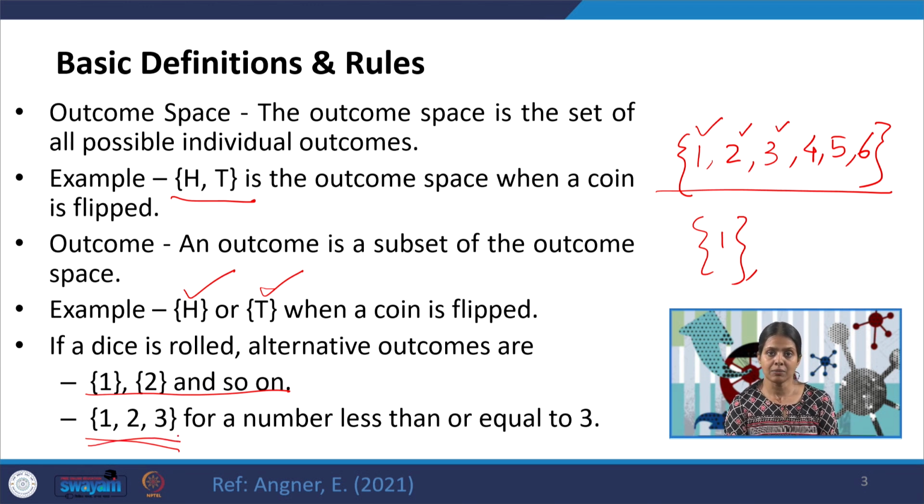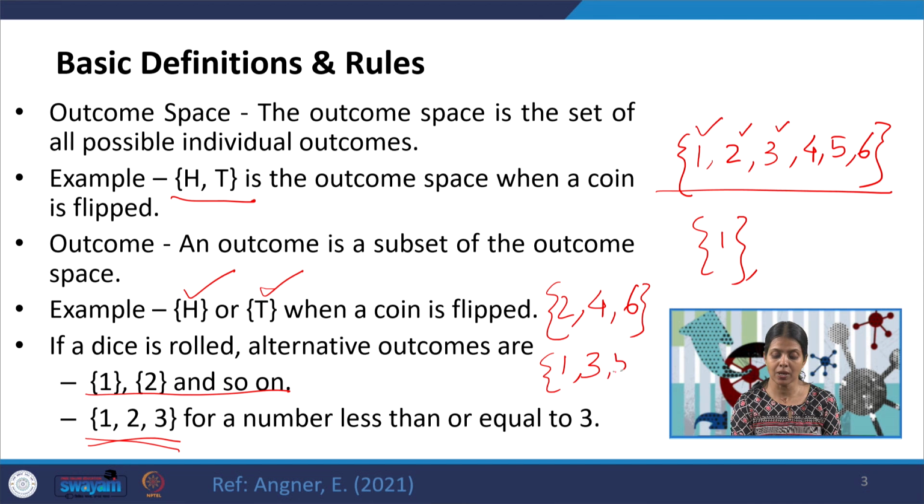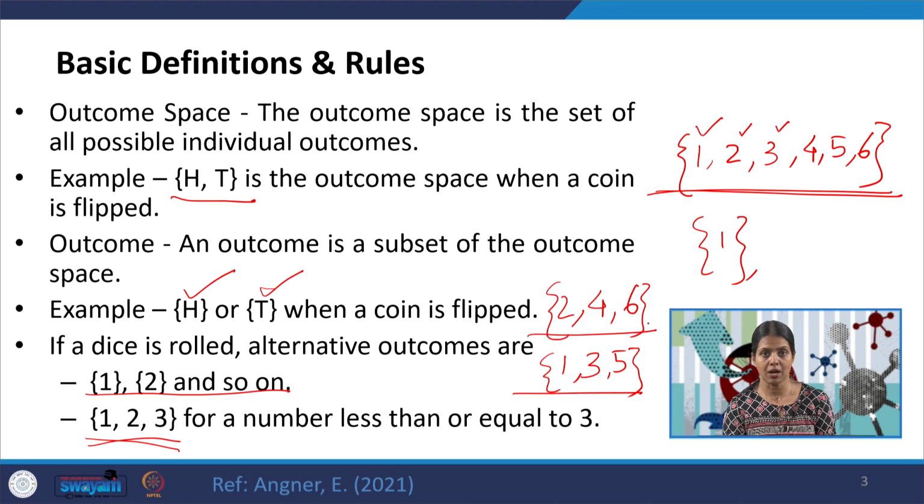In a similar fashion, if we are concerned about outcomes that are only even numbers, then our outcome would be 2, 4, 6. If we are interested in odd number outcomes, then our outcome would be 1, 3, 5 and so on. Sorry, these are the outcome space and these are outcomes. So, 2, 4, 6 could be an outcome, 1, 3, 5 is another outcome.